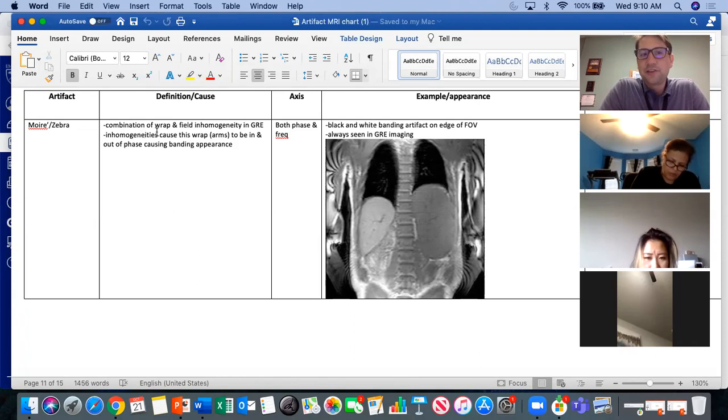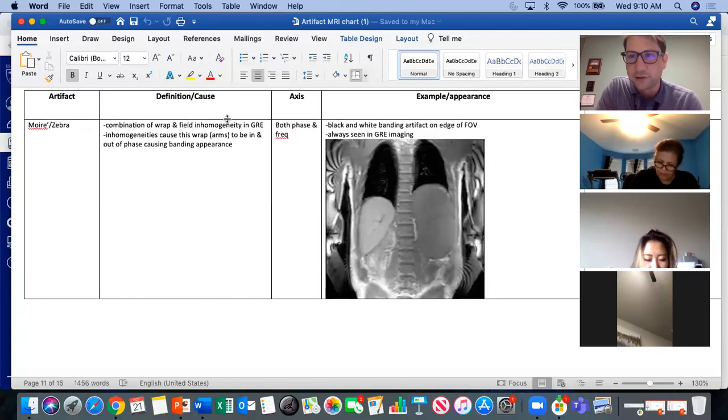So we have a combination of wrap, so aliasing or phase wrap, and field inhomogeneity, especially when we're using a gradient echo sequence. Because we know that those 180-degree refocusing pulses in a spin echo typically correct for this field inhomogeneity, but the gradient echo pulse sequences don't have the luxury of those 180 pulses.